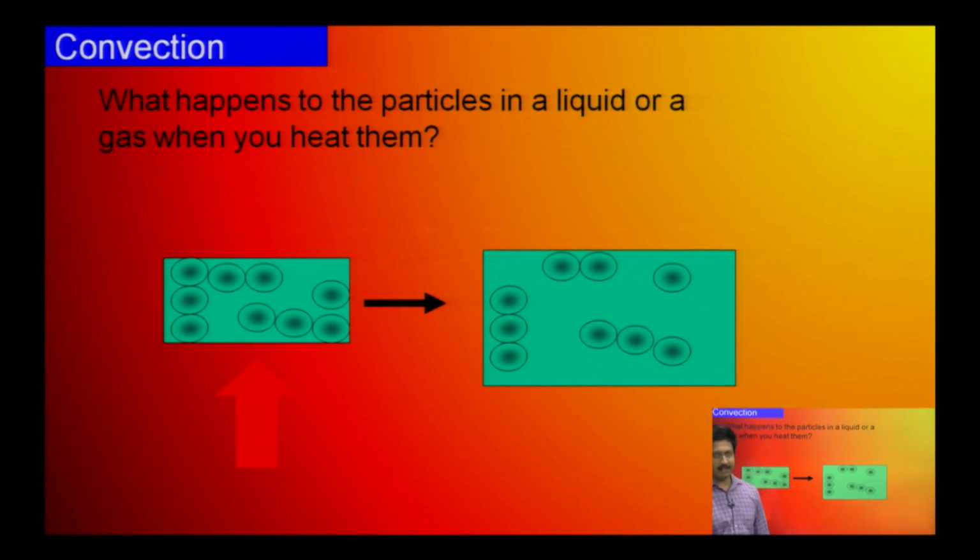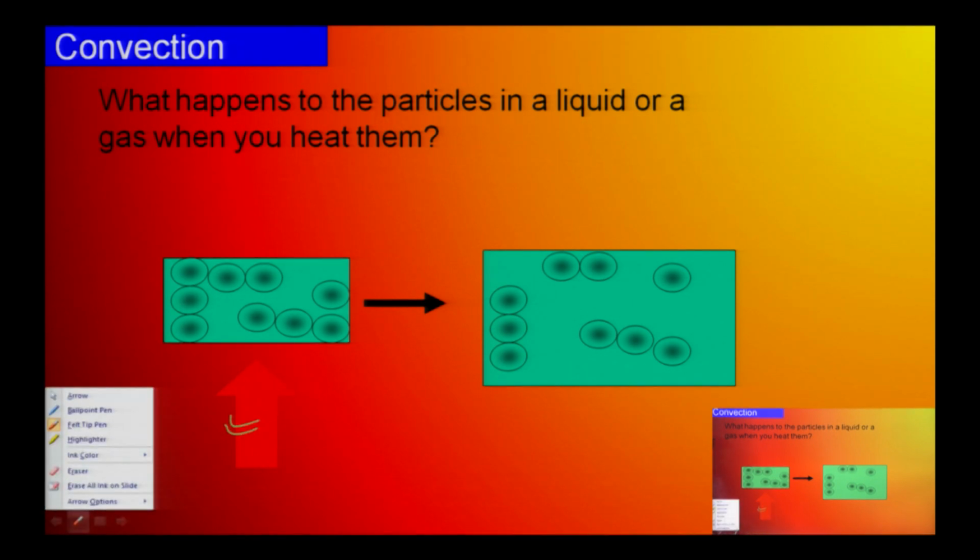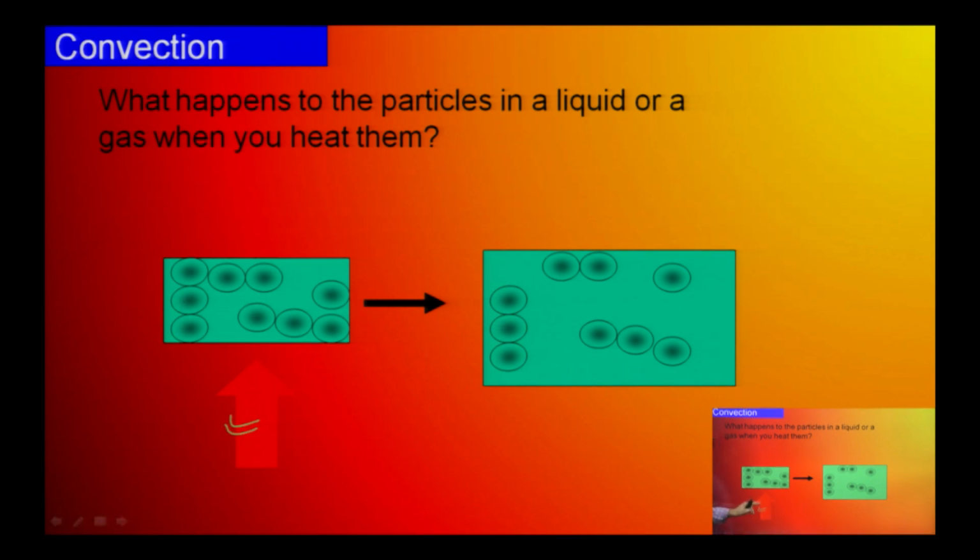Okay, now you can see that there is a square, and there you can see that the particles are very closely kept. So that is basically a liquid. And you can see a red arrow pointing down. This arrow is basically heat.